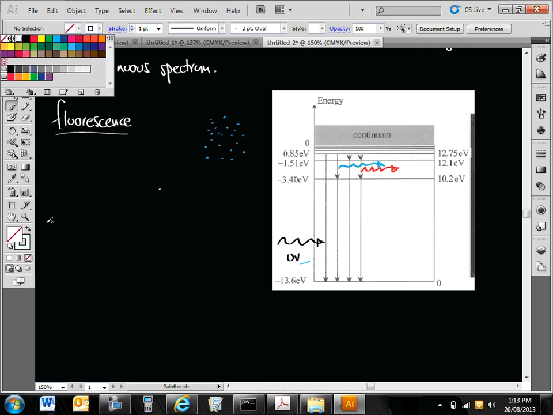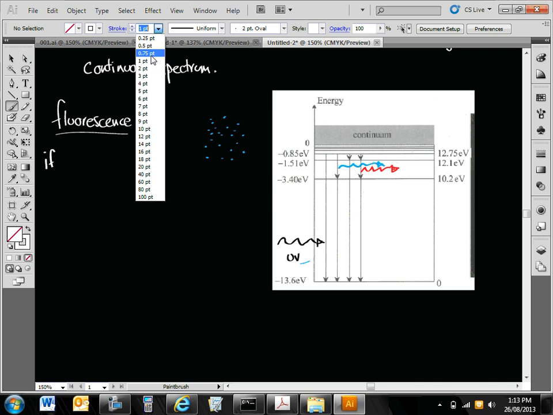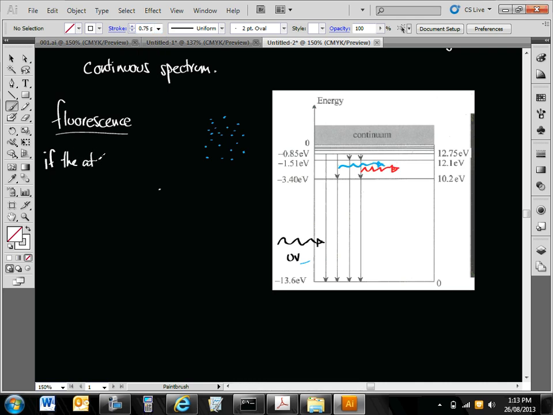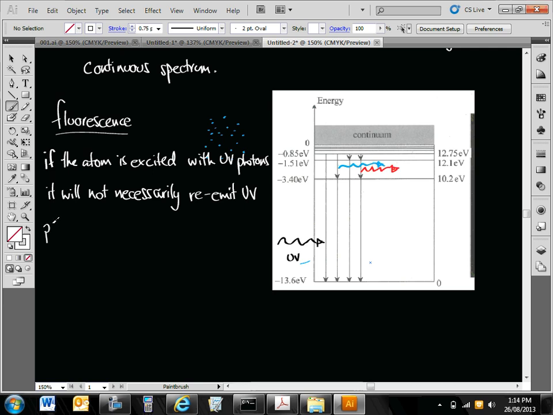I'll say, if the atom is excited with UV photons, it will not necessarily re-emit UV photons to get back to the ground state.